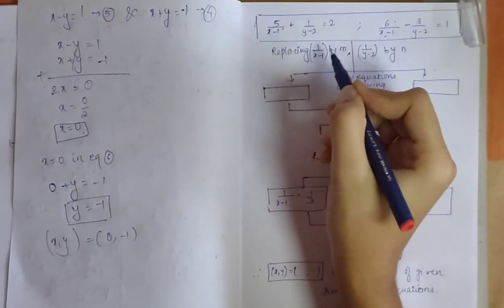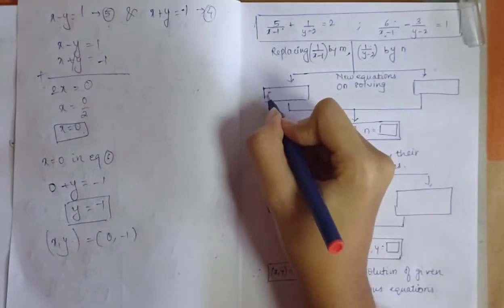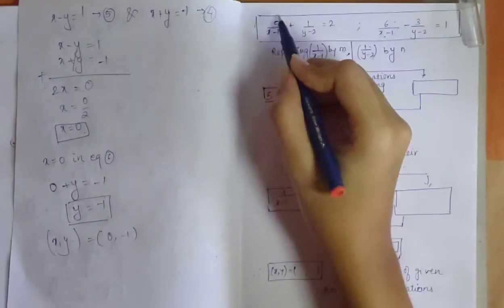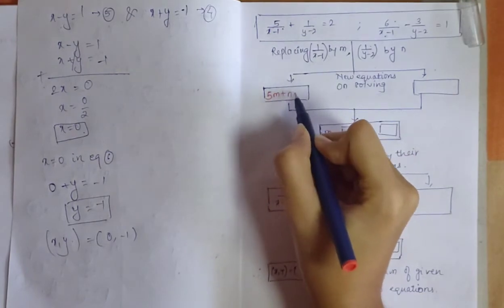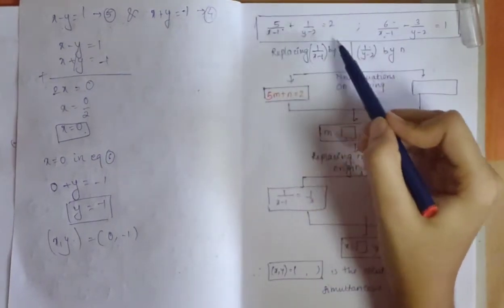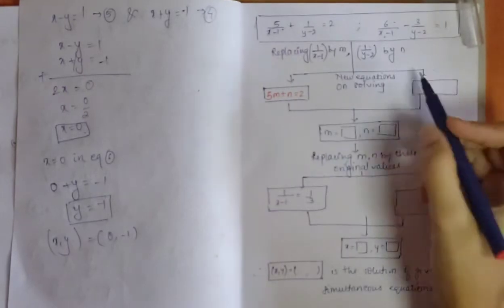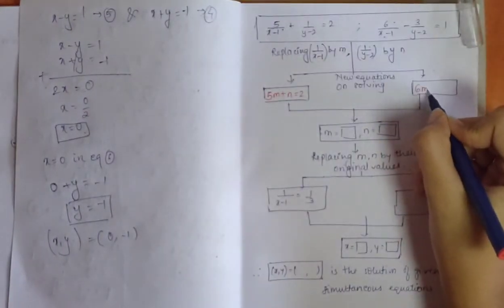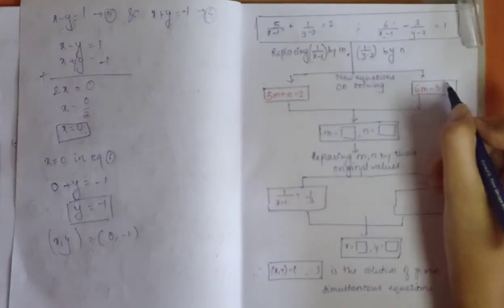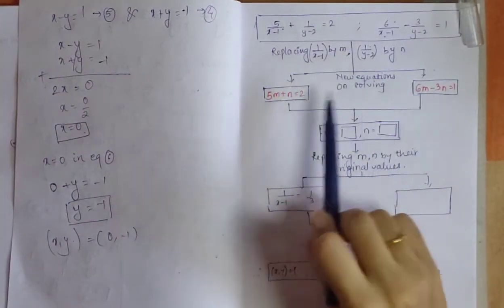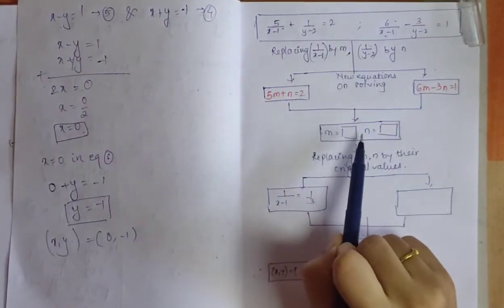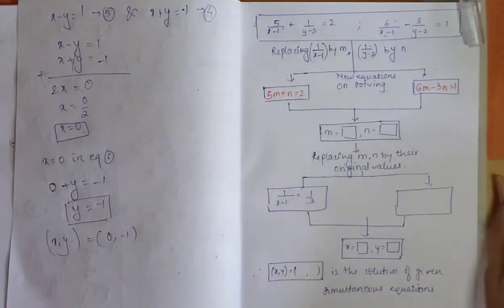You have to replace 1 by x minus 1 by m. So you have 5m plus n is equal to 2 because 1 by y minus 2 is n. Here 6m minus 3n is equal to 1. So you have to solve these two equations so that you find out what is your m and n.